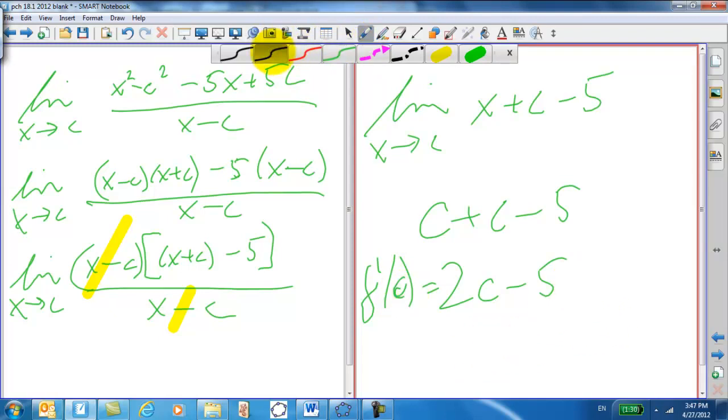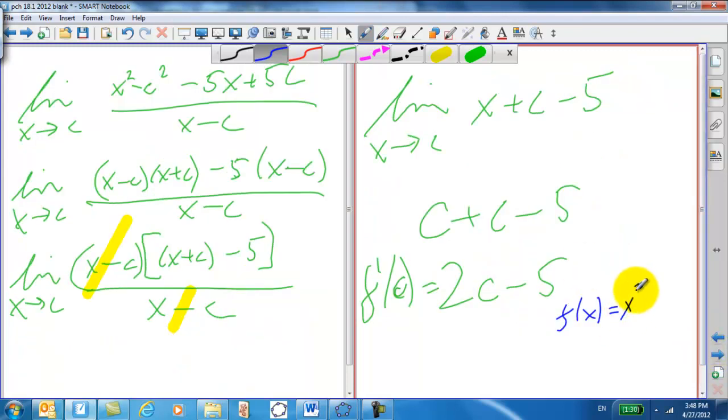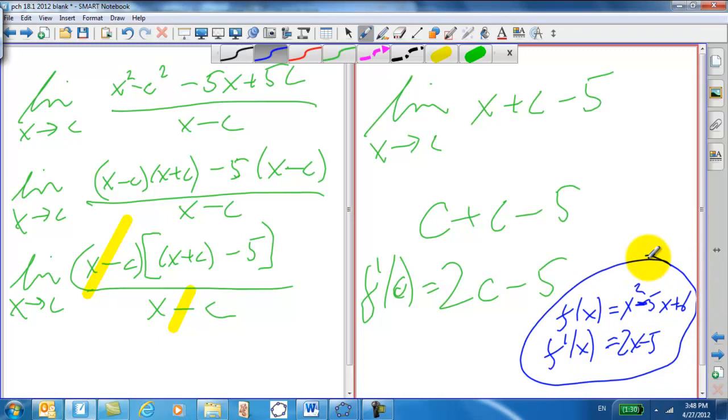So basically we started with f of x equals, I believe it was x squared minus 5x plus 6. And we end up with a derivative of 2x minus 5. I think you got to start seeing how there might be some shortcuts to just eyeballing a derivative right away. And we'll talk about that in the next section.